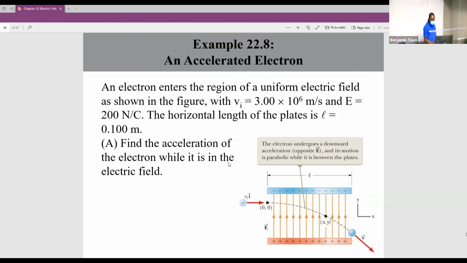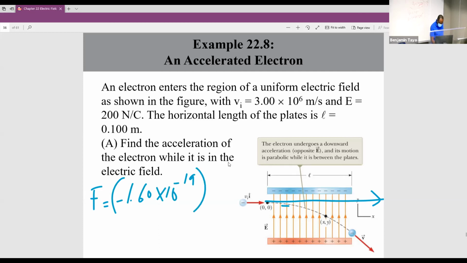So you can see that if there was no electric field, this electron will keep moving like that, but the electric field is going to cause this electron to move down because the force is going to be negative 1.60 times 10 to the negative 19. Then you multiply that by the electric field, which in this case is equal to 200. This is pointing out. So the force is negative, it's less than 0.